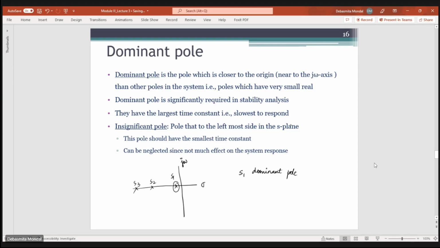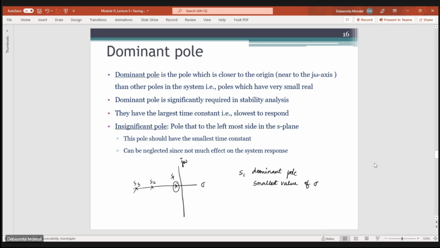It has the smallest real value, the smallest value of sigma among all the other poles.